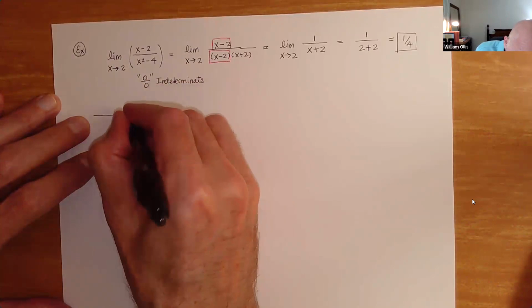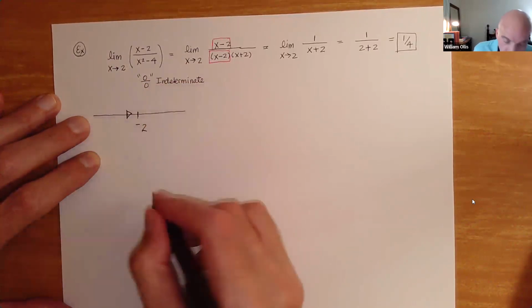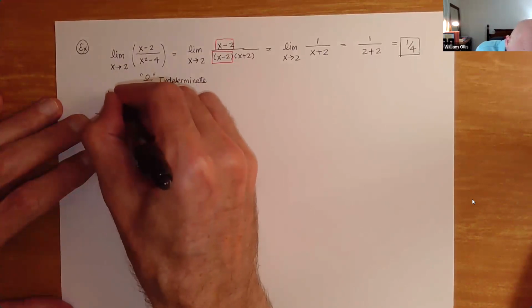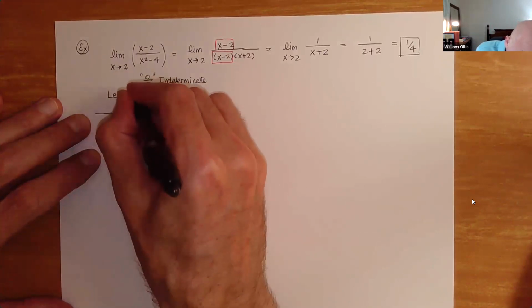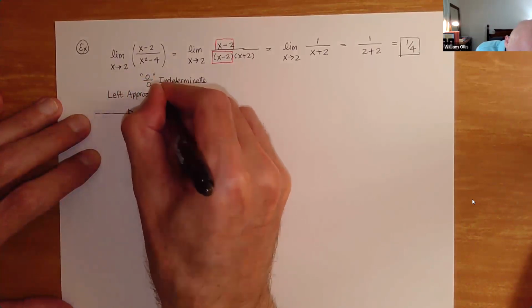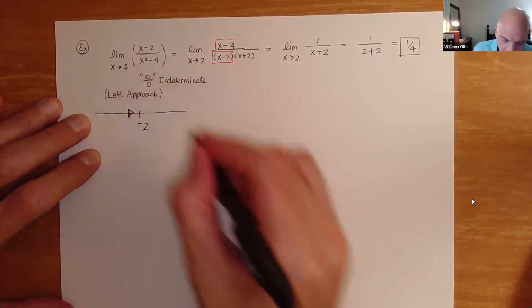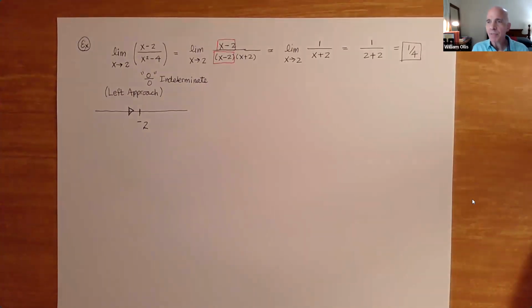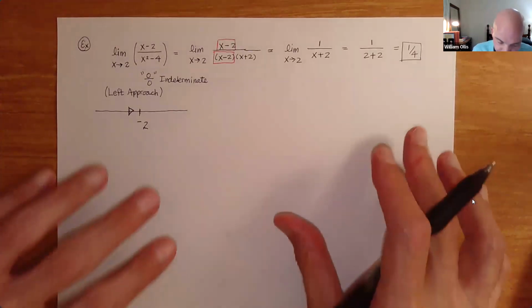What we're going to do is approach negative 2 from the left, so we'll just say left approach. Sometimes it's good to talk about intuitively what's going on and then add the arithmetic that we've been doing to make it more axiomatic and more arithmetic.